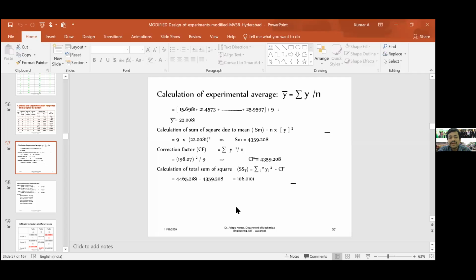Also, the interactions: if they do not select the columns properly, then the main effects get compromised. Maybe that is another reason. And once you use this kind of technique, you should also give proper reasons for the statements, why you have taken a particular value at lower level 1 and higher level 2.